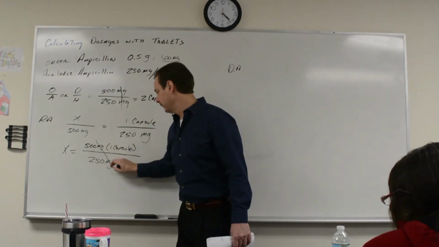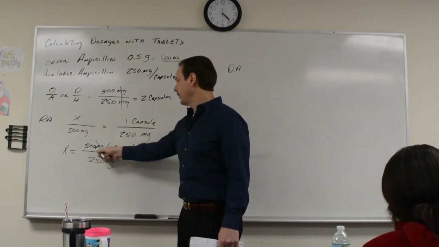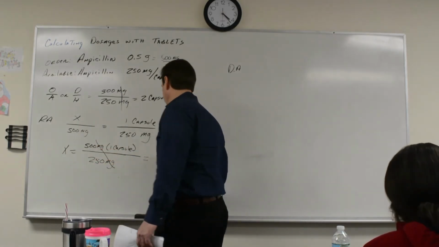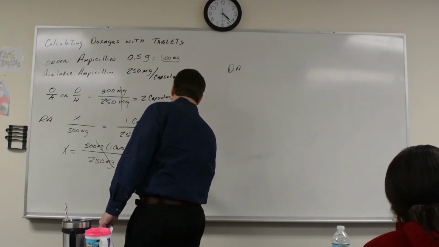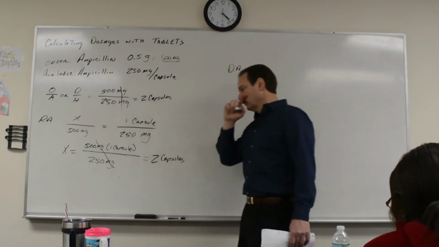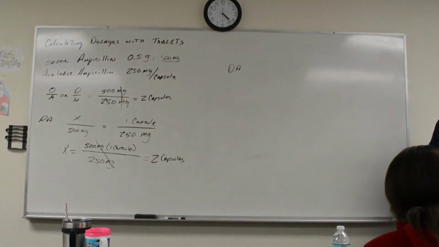This cancels, right? If we divide 500 by 250, we're going to get 2, and our units are going to be capsules. Make sense?